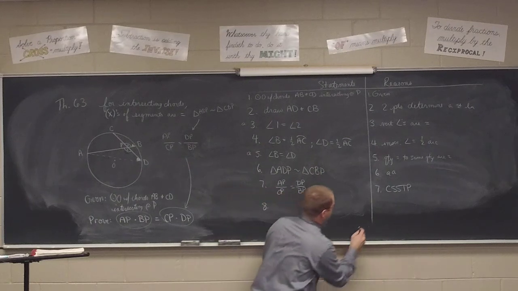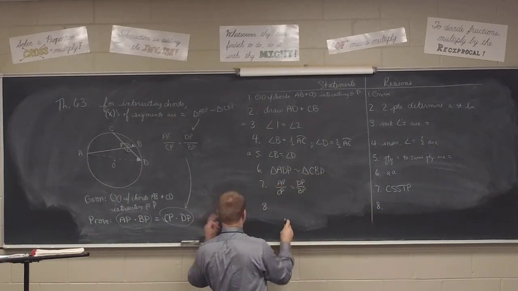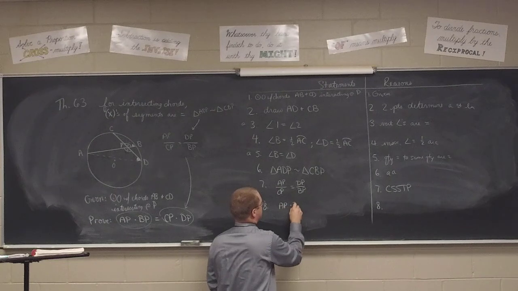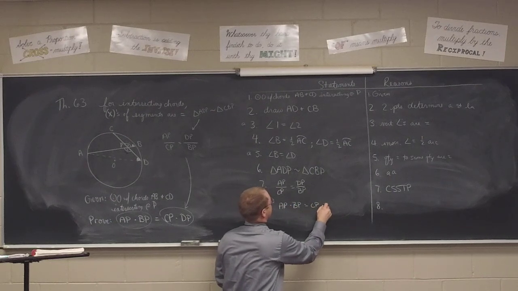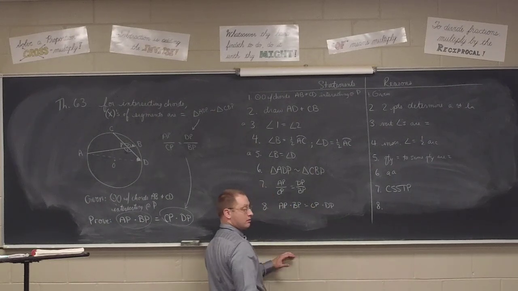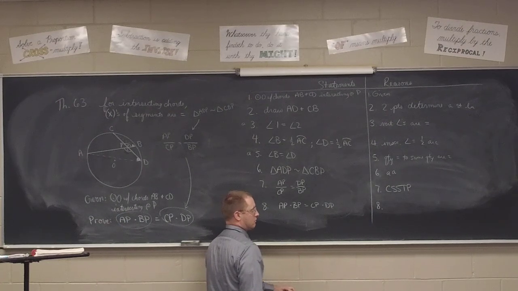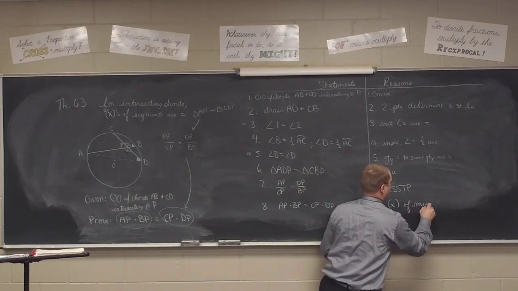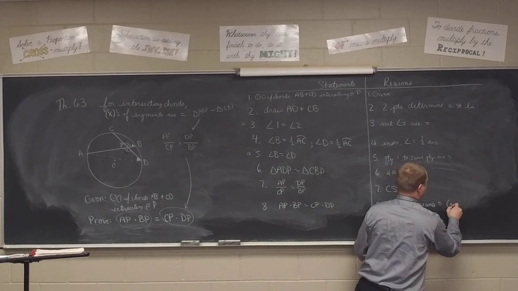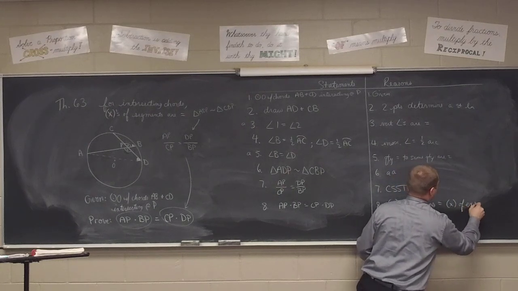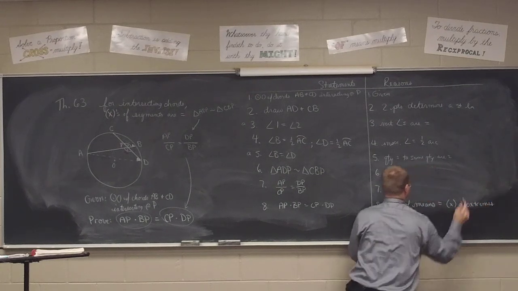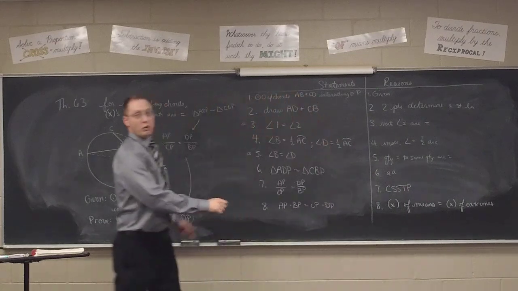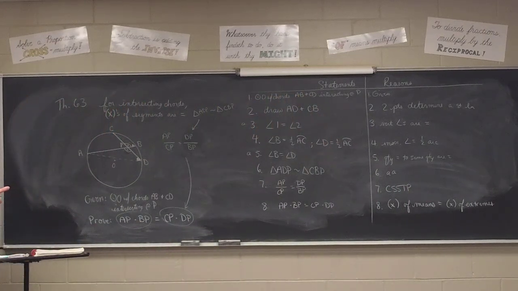And if that proportion is true, then I can say that AP times BP equals CP times DP because, anyone? CSSTP? No, substitution. Product of the means equals product of the extremes. And there we go. Questions on that proof?